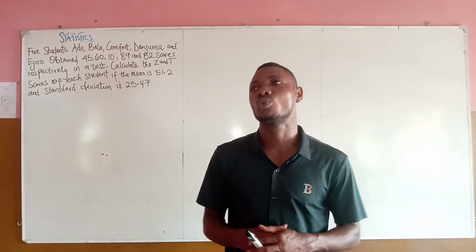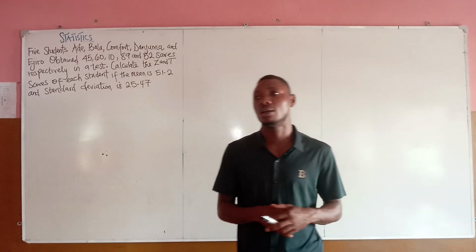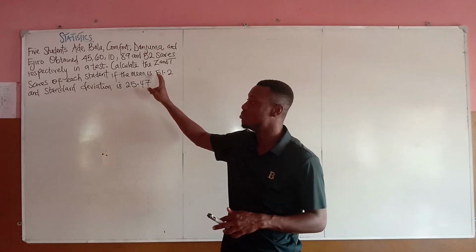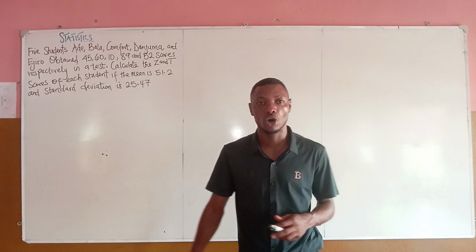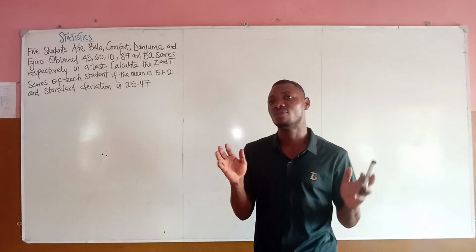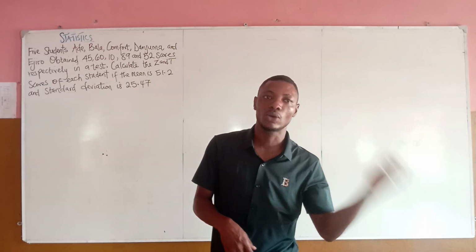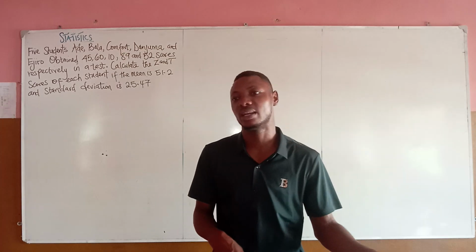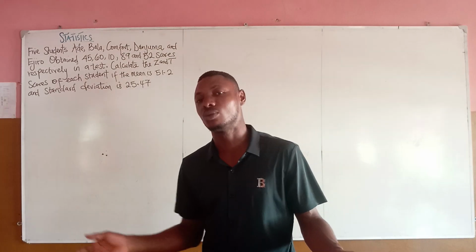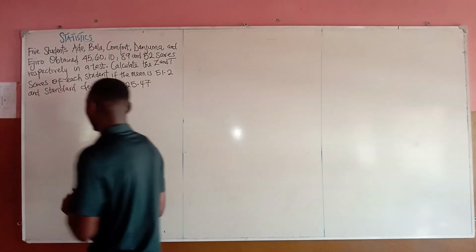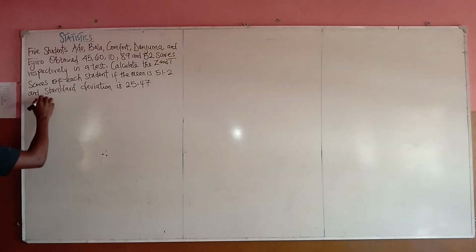In our next class, we are going to look at how to calculate z-score and t-score when the mean and standard deviation are not given, so that you have balanced knowledge of what to do when approached with either a question with the mean and standard deviation or a question without them. So let's start.